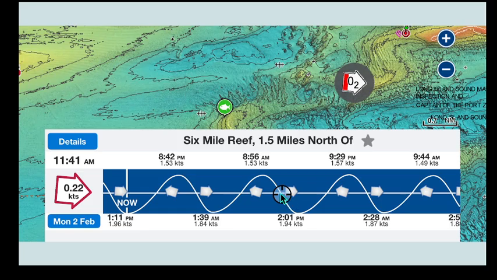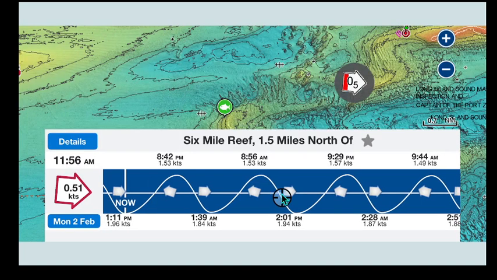So here's where it's just about slack, and it's 11:41. We look at this, and that's not that many minutes later. So we're about 15 minutes later. It goes from slack, and then in 15 minutes, now we're in a target where it's like, okay, sometime around noon is where I'd want to get here by, because the current's starting to pick up, and fish are going to start feeding.